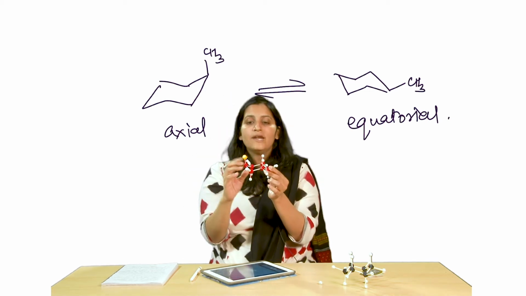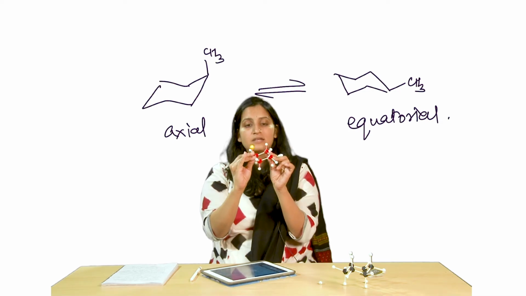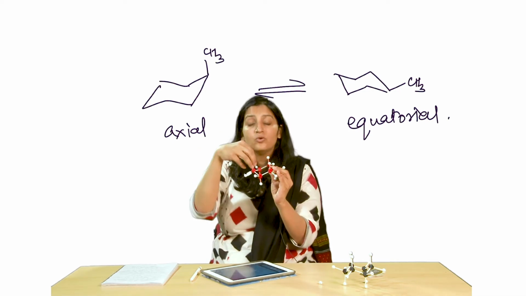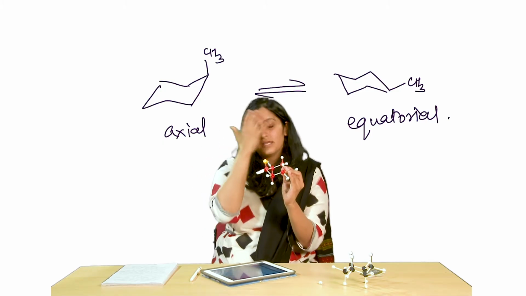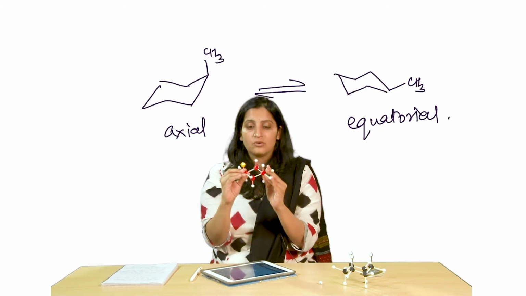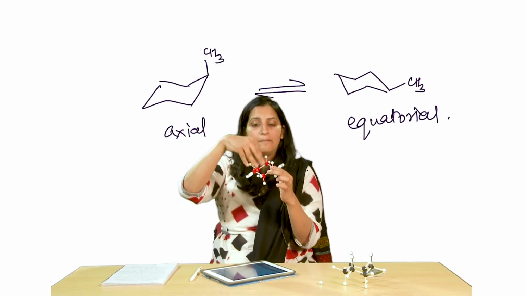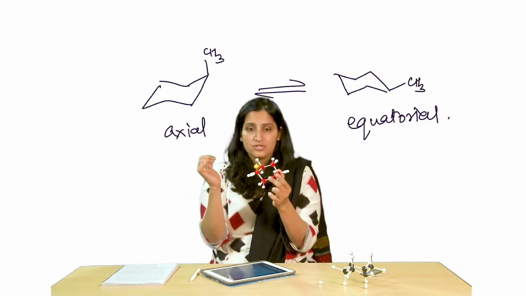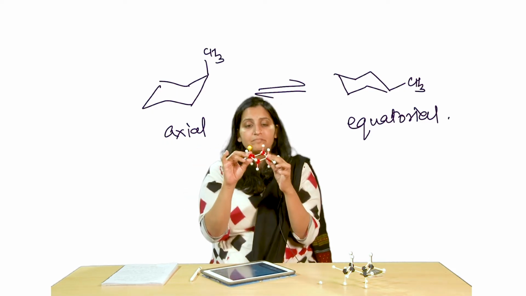So, it has to accommodate itself in this particular space. If the group is really bulky, so we are talking about methyl now, but if we imagine a very bulky group like a tertiary butyl group for example, it is going to have a clash for space with these two hydrogens here.